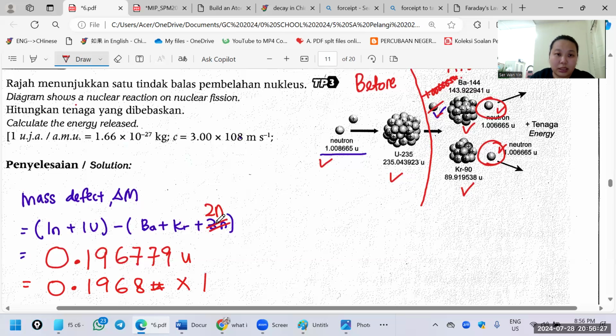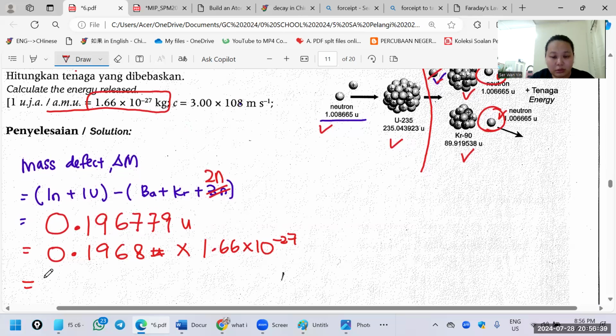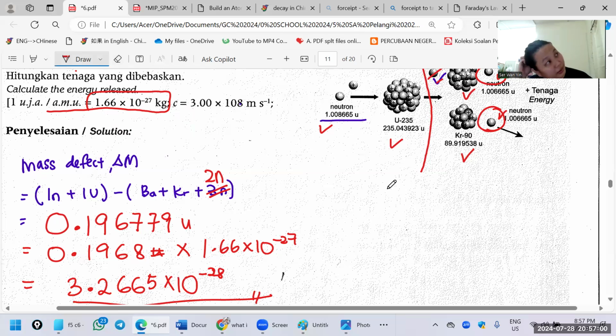Times this one, 1 AMU is this. So 1.66 times 10 to the power of negative 27 times 0.1967 gives 3.266 times 10 to the power of negative 28. Okay, so this is in kg.